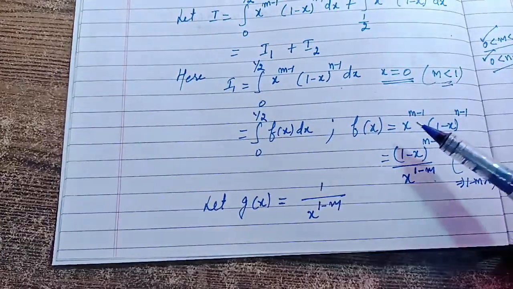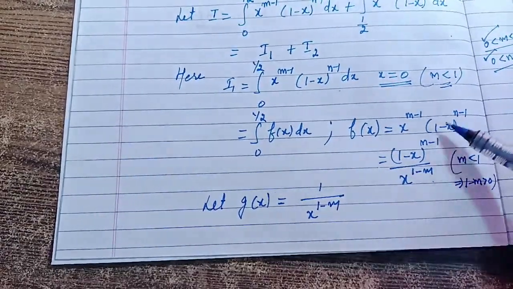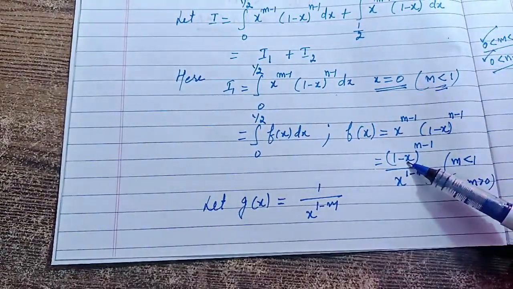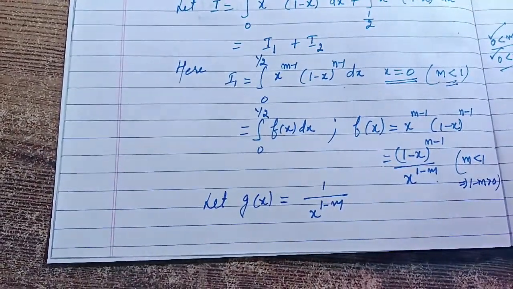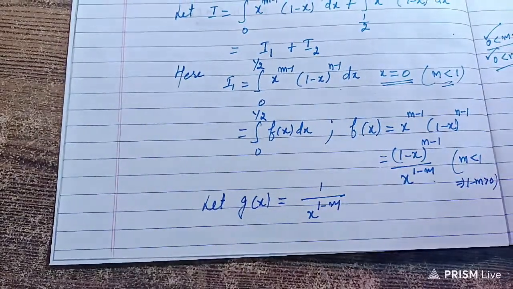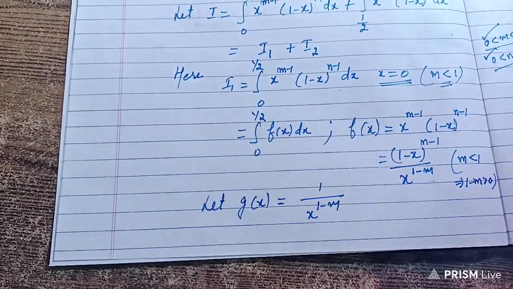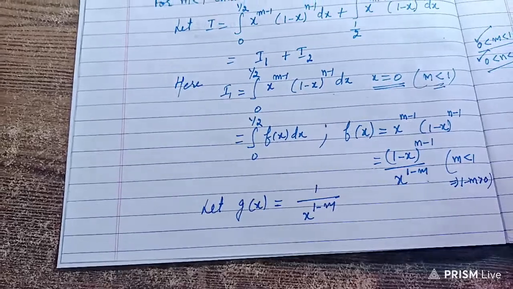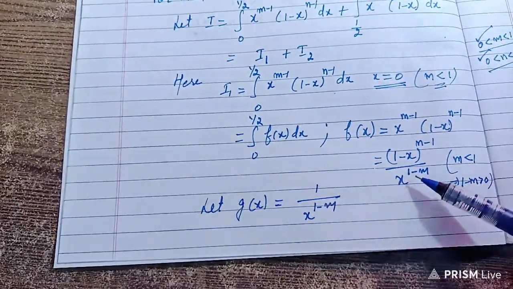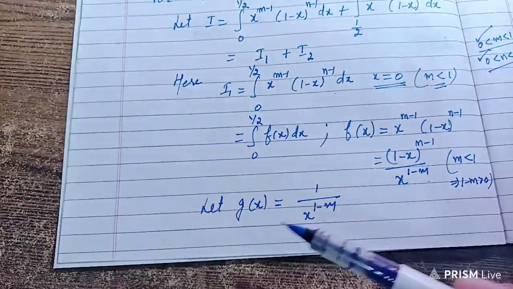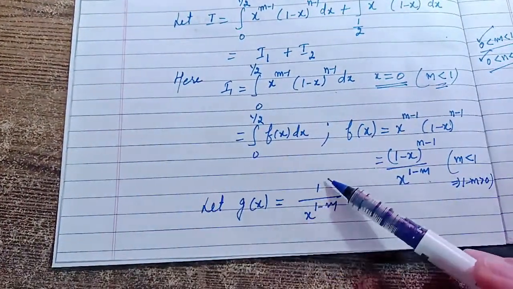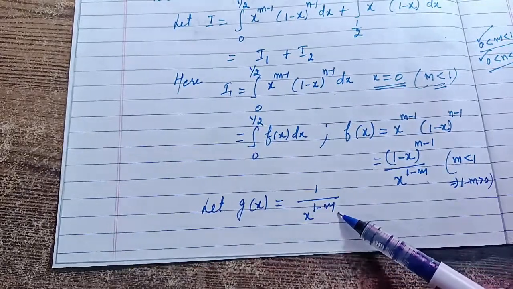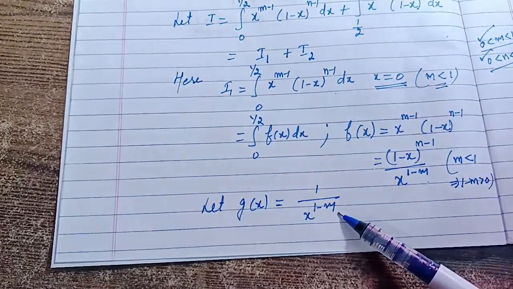That's why we take this term in the denominator and the other term in the numerator. And because we are going to apply the comparison test, for that test we need another function g(x) also. So we take g(x) equal to 1 upon x to the power 1 minus m.